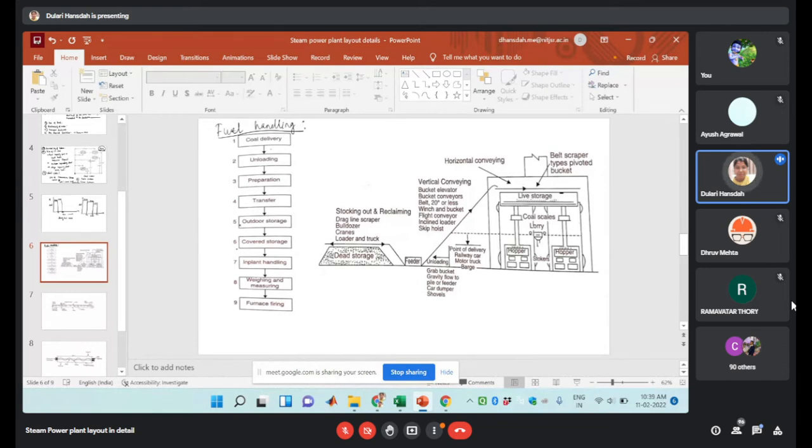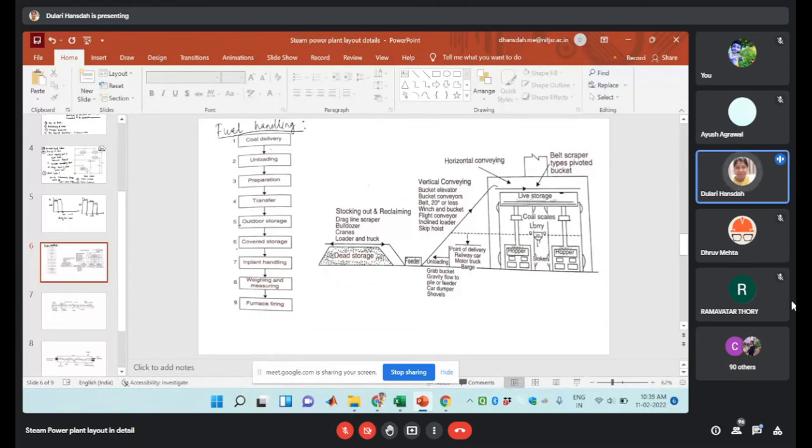Another thing is your transportation system. Transportation system means it is related to sea transportation or rail transportation, or it may be roadways, road transportation, or pipeline transportation. So there is a requirement of a good coal handling system or fuel handling system.